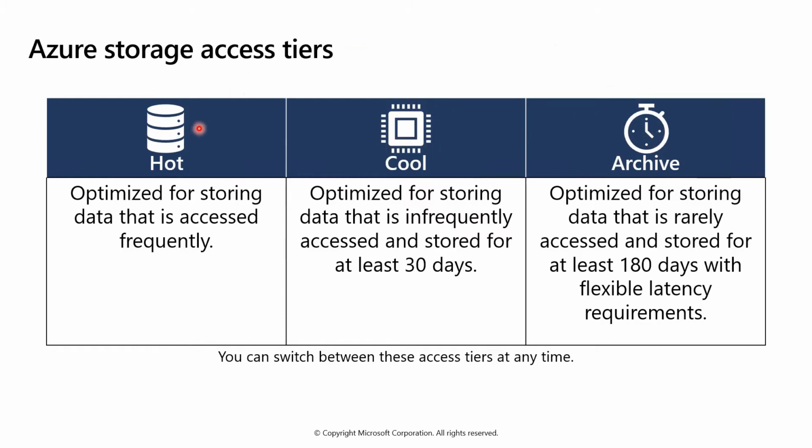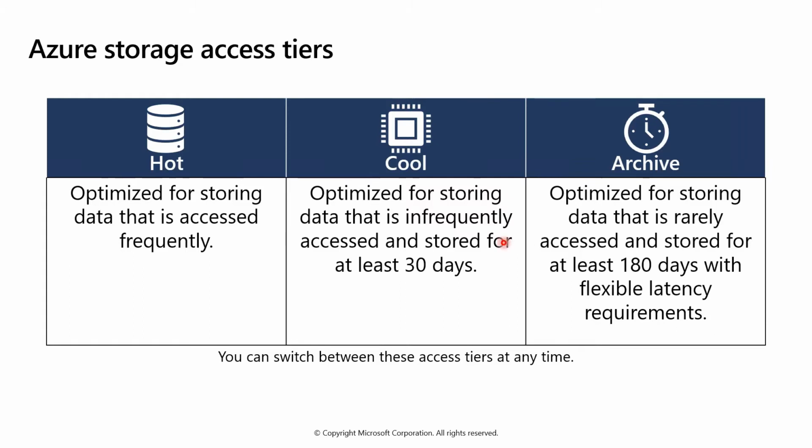If you classify something as hot, it will be optimized for storing data that is accessed frequently. If you need to access some data very quickly, you will obviously prefer keeping it on premium quality storage. So Azure will keep this data in a storage that can be accessed very frequently.